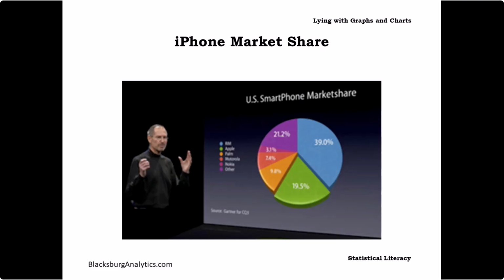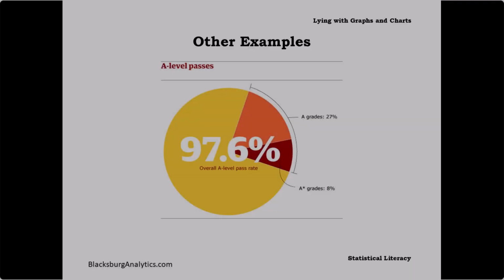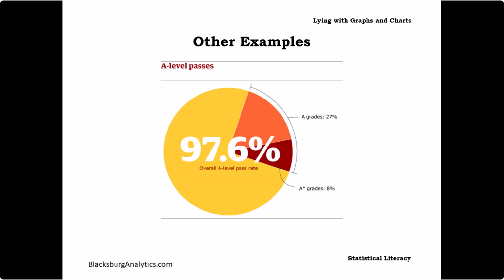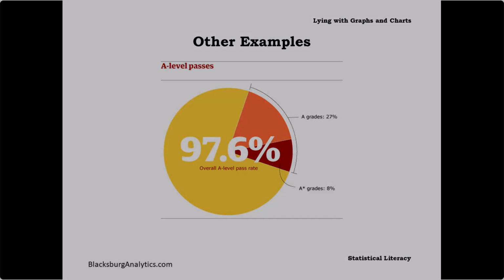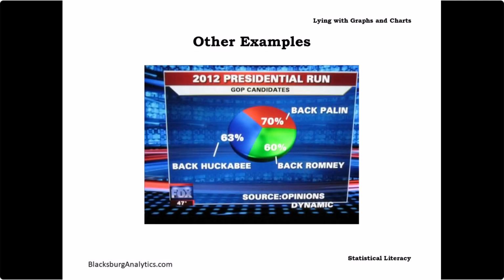Mr. Jobs isn't the only pie chart manipulator. There are dozens of other examples from many different sources. This pie chart is from an education publication. It shows something, but I don't know what it is. This well-known chart from the 2012 presidential election is even better.